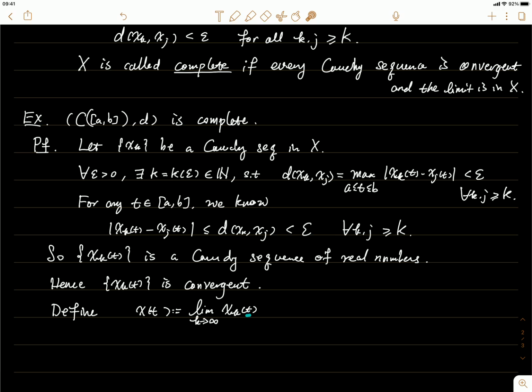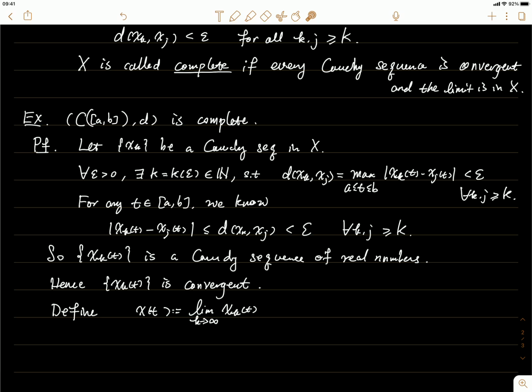When I change t, I get another sequence and another limit as well. I'm defining this function x(t) to be the limit, and it changes along with t. Anyway, this is a valid function, because for every t I have a definition, since this limit exists.